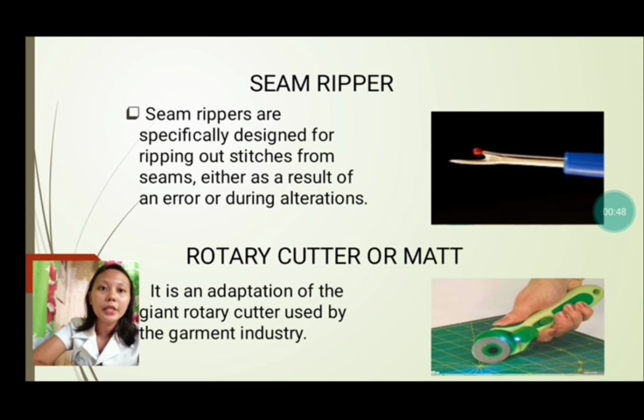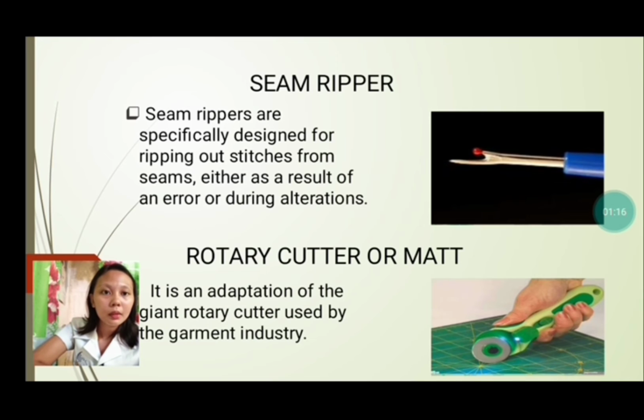Seam rippers are specifically designed for ripping out stitches from seams, either as a result of an error or during alterations. We all know that during our sewing, we can make mistakes. So just use a seam ripper to remove stitches.